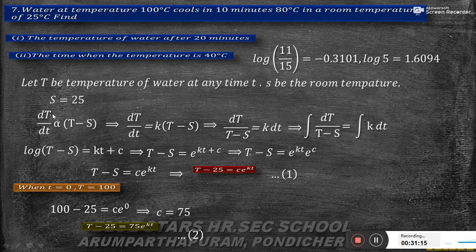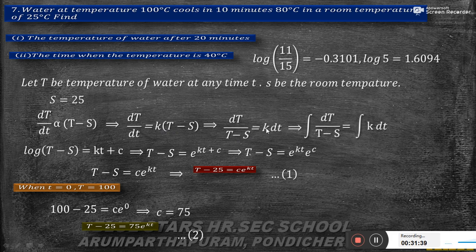So dT by dt is proportional to T minus S. So dT by dt equal to K into (T minus S). Now I group the capital T terms and small t terms separately. So I write dT by (T minus S) equal to K into dt.